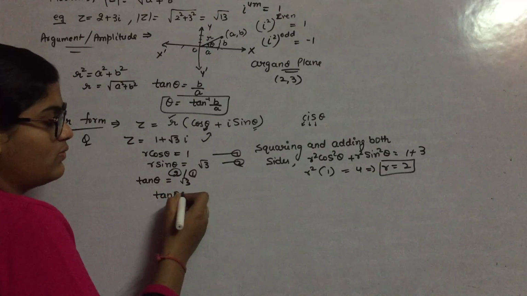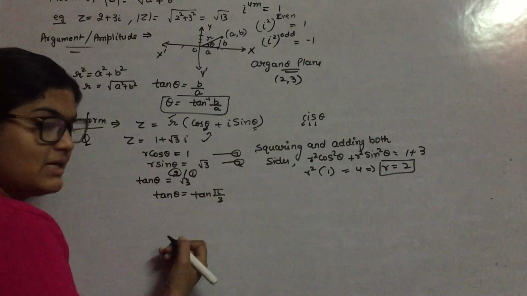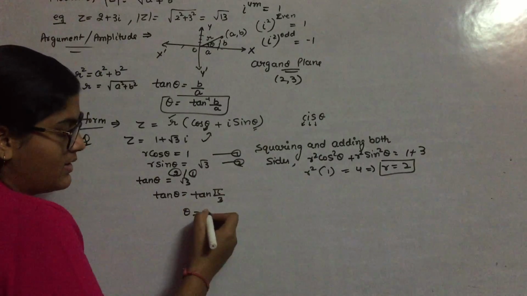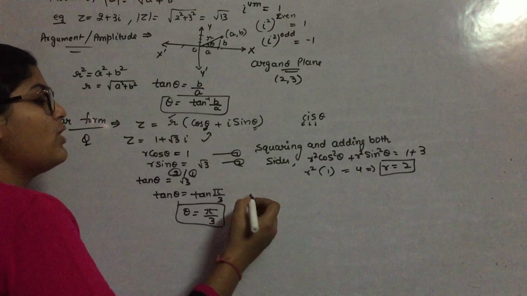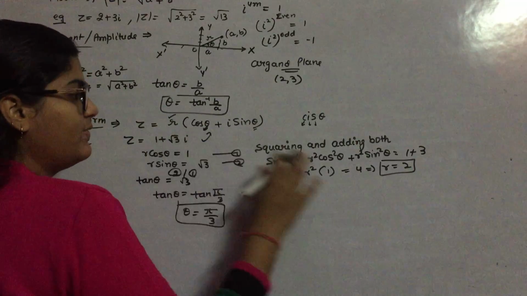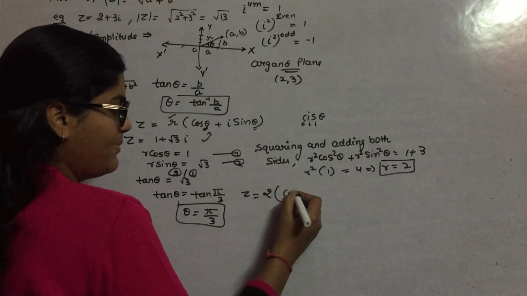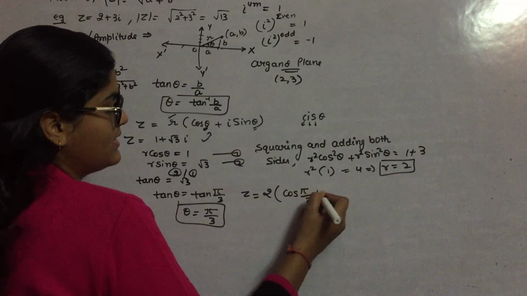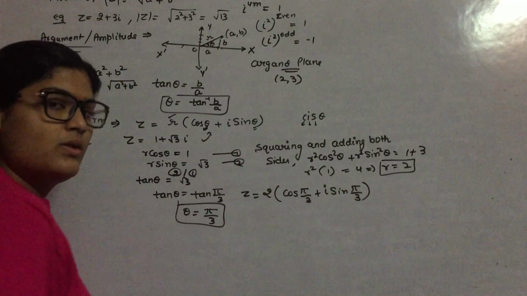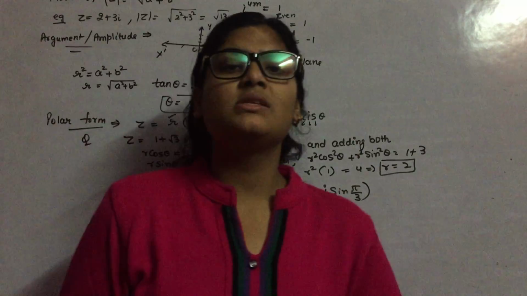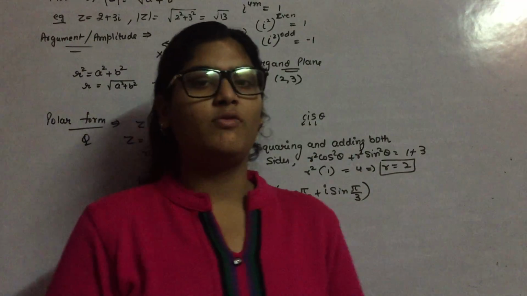As you very well know, root 3 is tan 60, tan is cancelled out, so theta becomes pi by 3. So your polar form becomes r, which is 2, times cos pi by 3 plus iota sine pi by 3. I hope you understand. So this is how we can transform any complex number into the polar form.